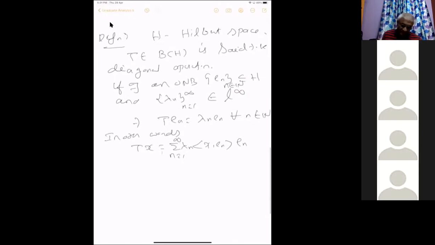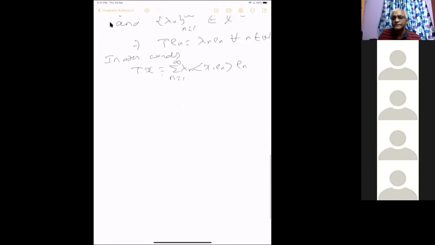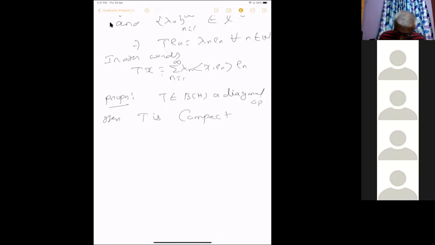Okay, so this is what is called a diagonal operator, and we want to prove the following theorem or proposition. T in B of H, a diagonal operator. Then T is a compact operator.